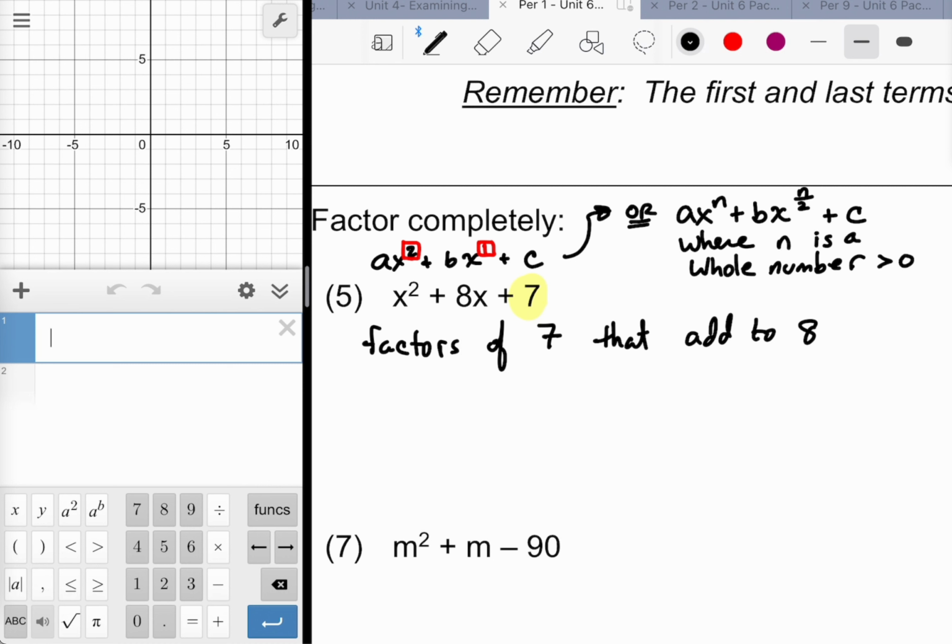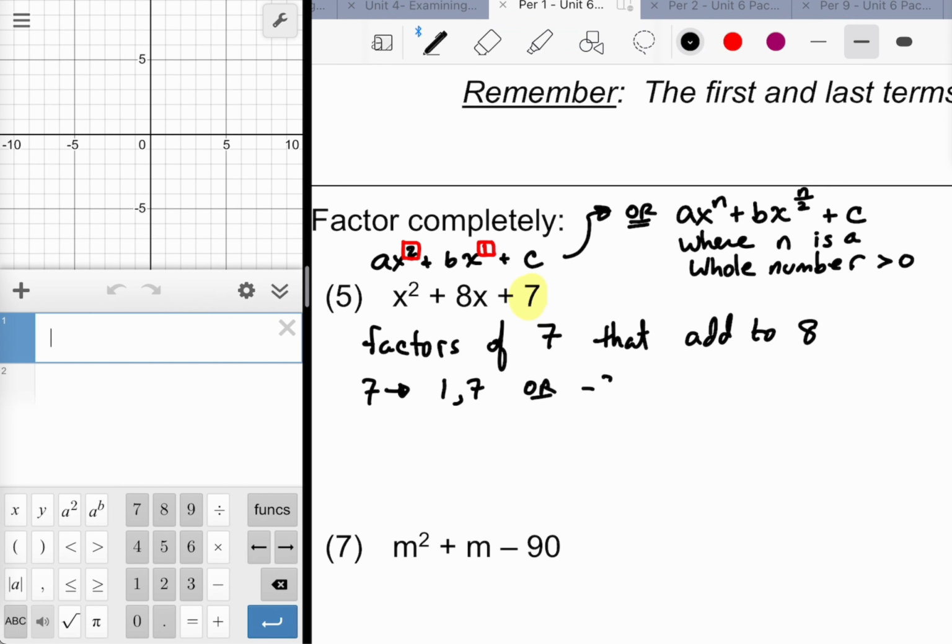So I'll look at my factors of 7. It's a prime number, so it's pretty straightforward. What are our possibilities? We've got 1 and 7, or, since we could involve negative numbers, maybe it's -1 and -7.